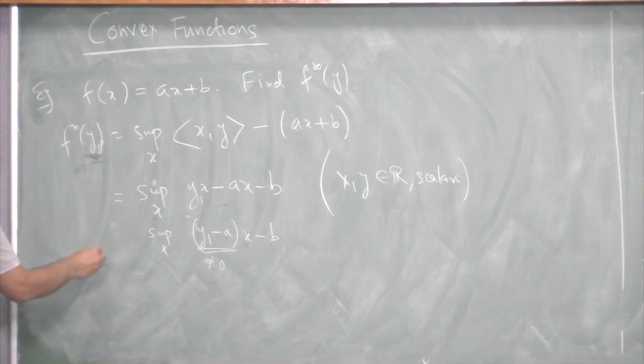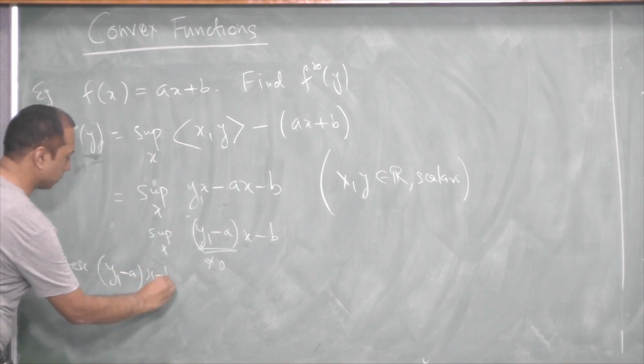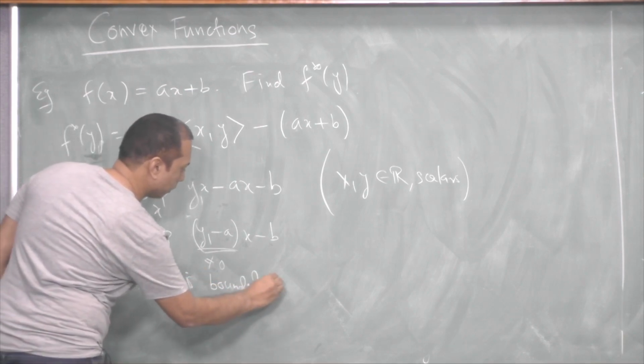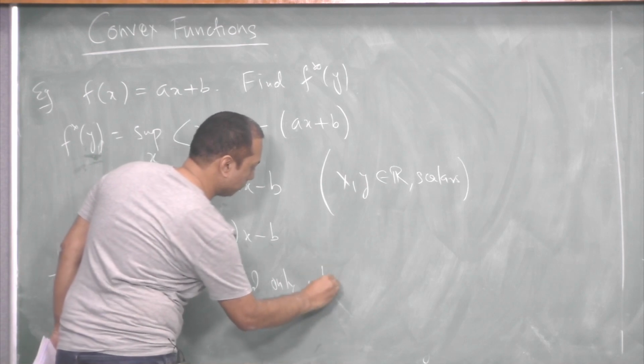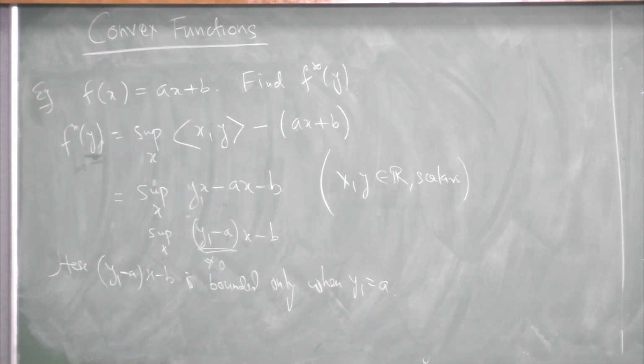So from there we get that (y1 minus a)x minus b is bounded only when y1 is a. So the only valid domain of your dual is a.